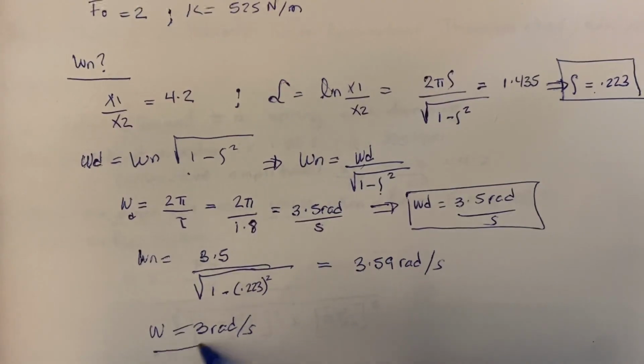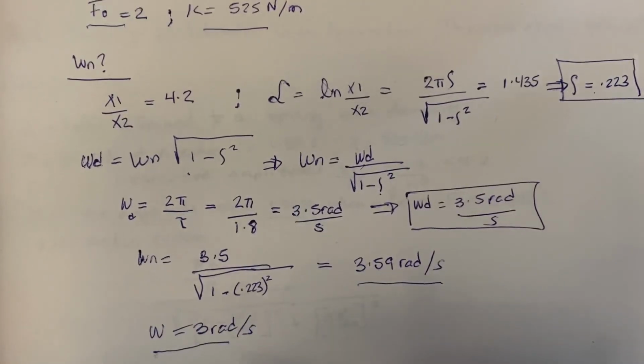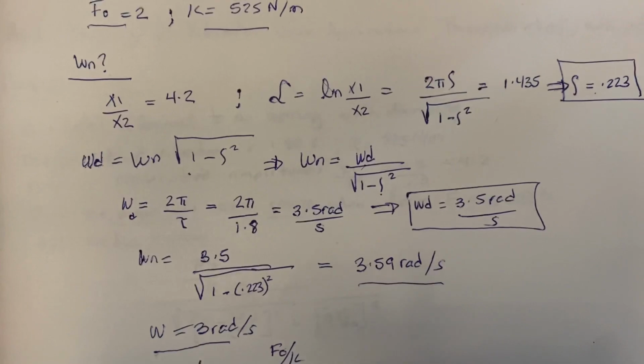Now we can substitute all of these values into the previous equation that was shown, which is equal to F naught over K, divided by the square root of 1 minus ω over ωn squared, and this term squared as well, plus 2 times the damping ratio times ω over ωn squared.